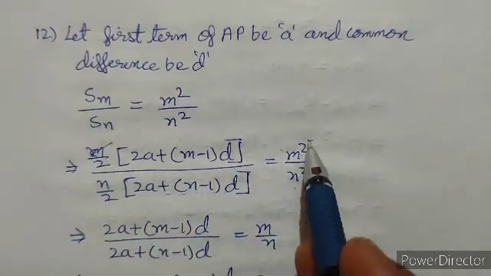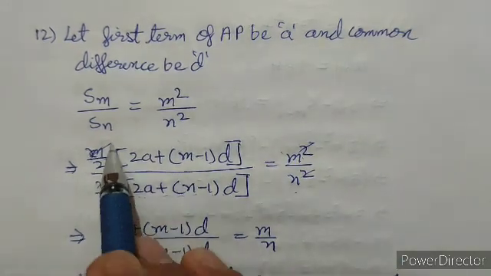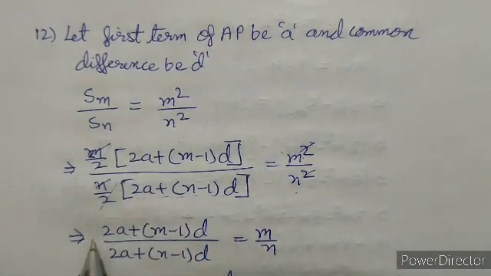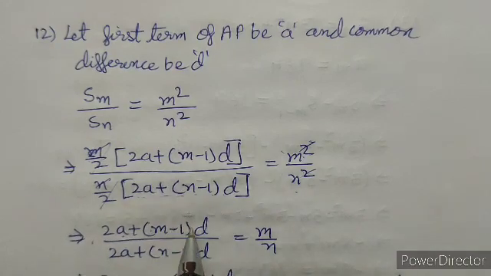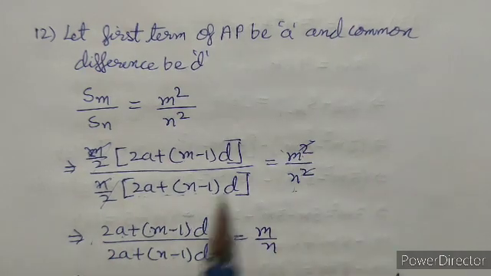Now this m will eliminate from both sides. 1 upon 2 will cancel out, and that will give us (2a plus (m minus 1)d) upon (2a plus (n minus 1)d) equal to m by n.